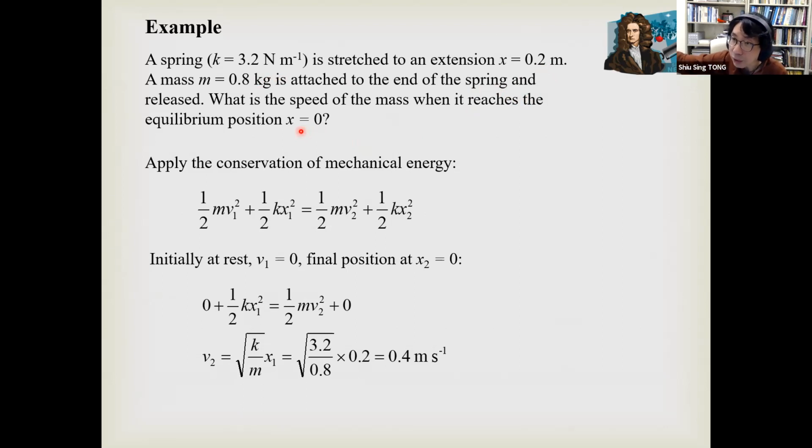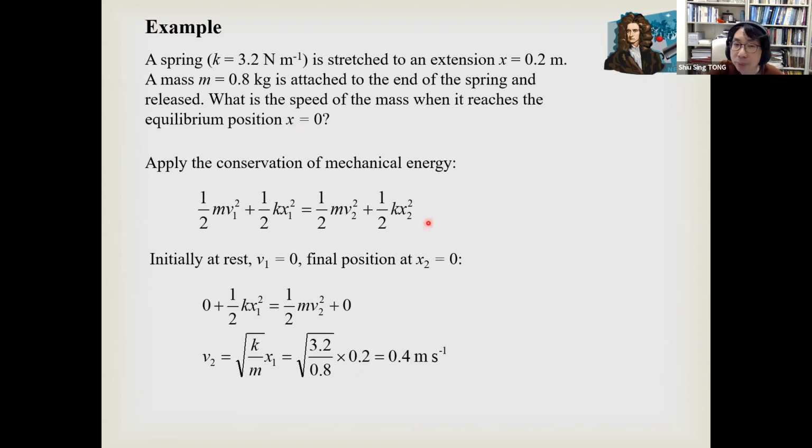I stretch the spring by pulling the block, and I release the block. So the spring pulls it back, right? So it accelerates the block. What would be the speed of the block when it goes back to the initial equilibrium position? Because the spring accelerates the block, the block has a certain velocity even when it passes the equilibrium position. And I want to find that velocity.